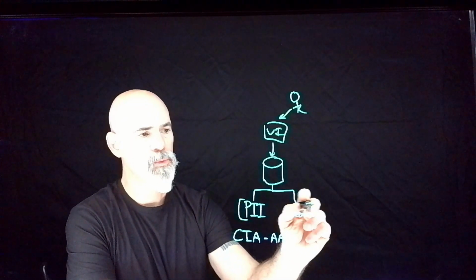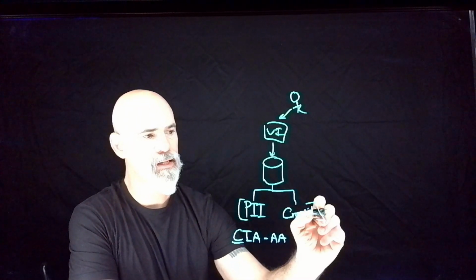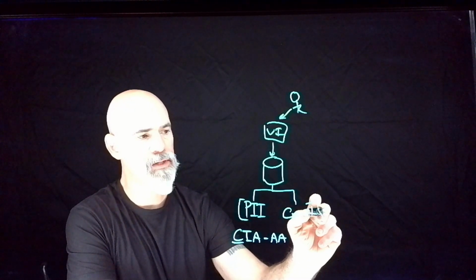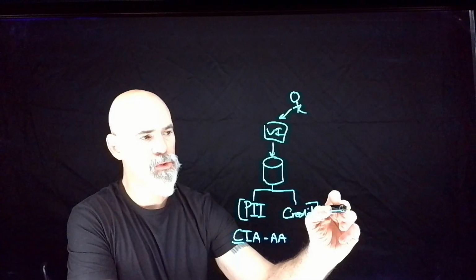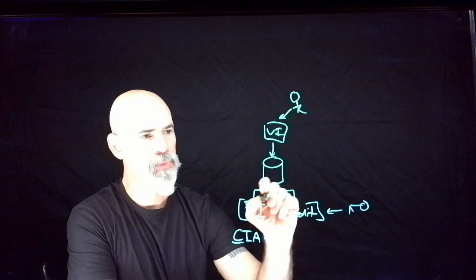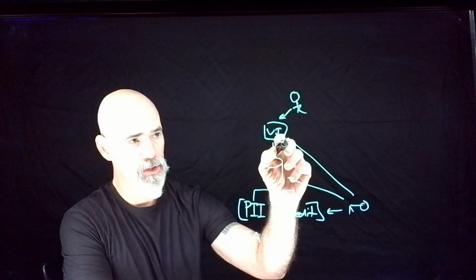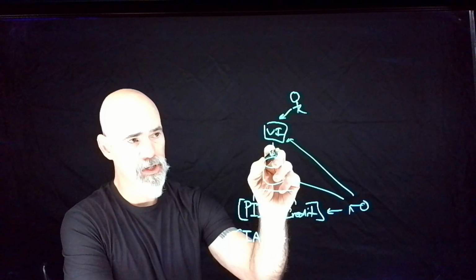But the first thing we want to do is make sure that we're protecting confidentiality. So as it relates to confidentiality, what we typically will try to apply here is encryption. And we can apply encryption at the database level, and we can apply encryption at the transmit level here.